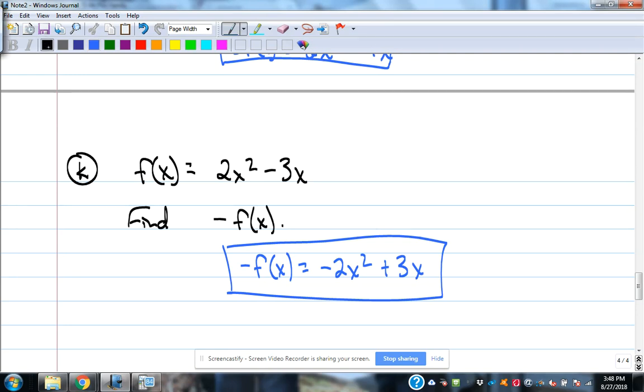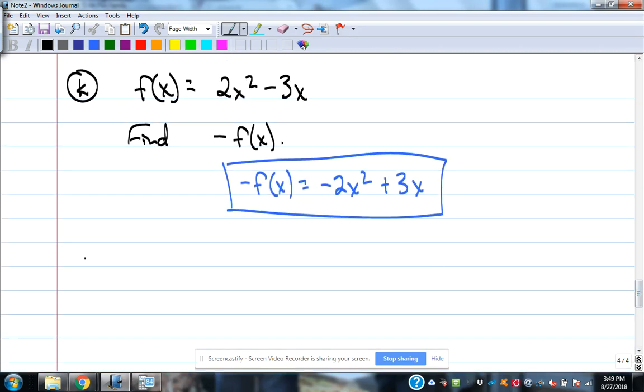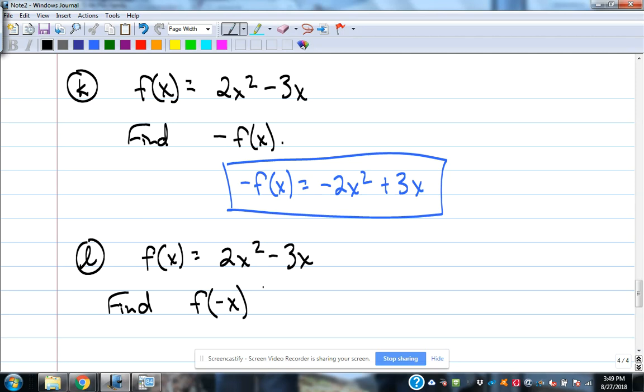Now, where that gets confusing sometimes also is that if we've got the same function, 2x squared minus 3x, I'll get tired of that one, but we're almost done with it. So when they do this, find f of negative x.